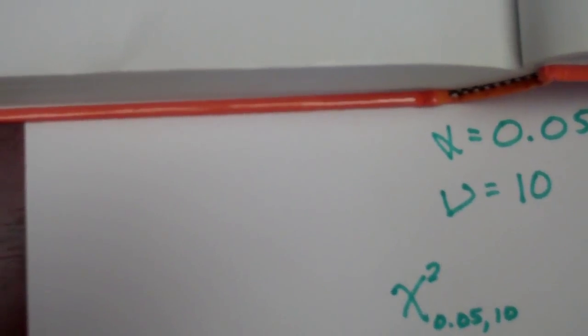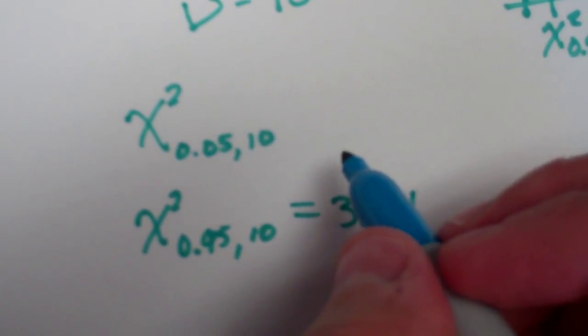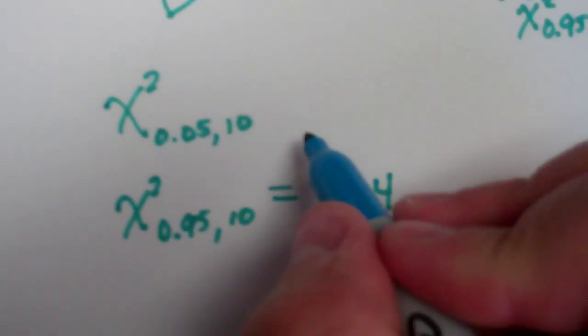If I want to find at 0.05, that has a value of 18.31. Again, 0.95, 3.94, and 0.05.